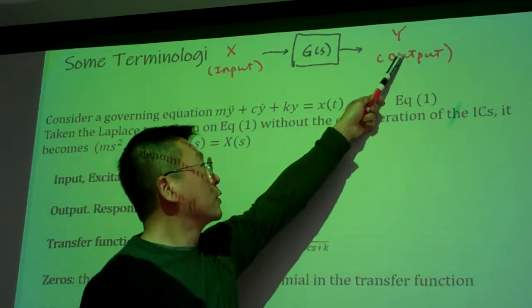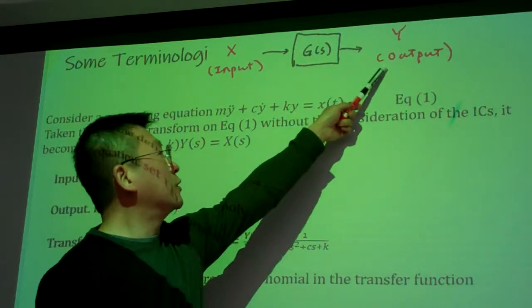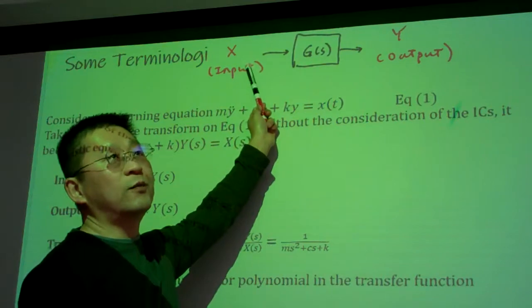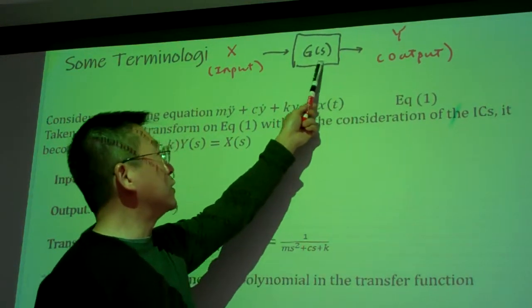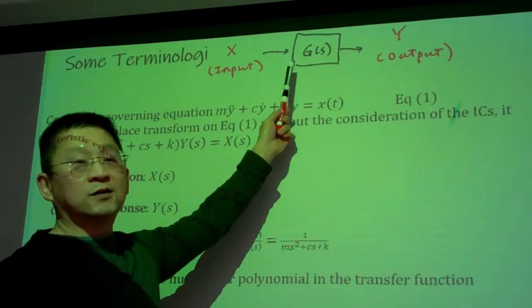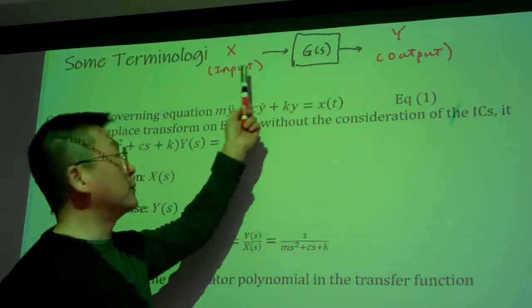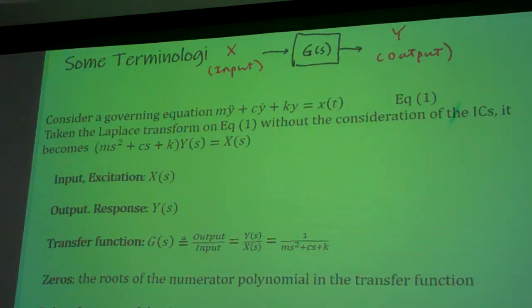For example, 6 equals 3 times 2. In this way, y equals g times x. So that is a graphical representation of the input-output relations.